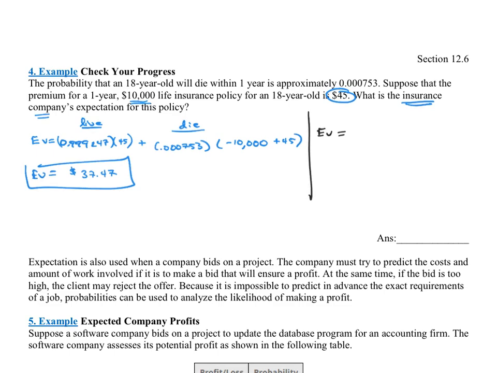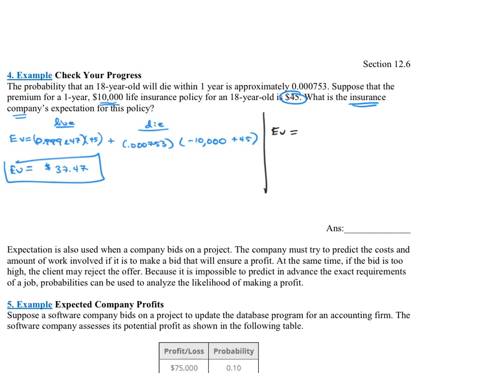Okay, let's try it the other way that I showed you on the previous page to do the expected value. Again, this is a little different. It's not following the formula because my probabilities don't add to 1, but this does always work. So it is a probability of 1, guaranteed, that the person pays $45 to the company. So for every person, they are guaranteed $45. However, they do have a loss, so I'm going to do subtraction here.